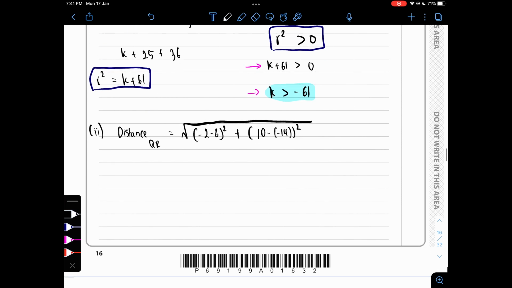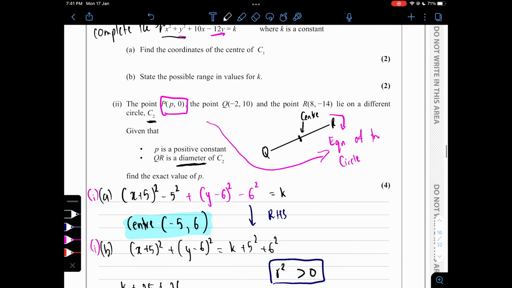This is 10 squared, that's 100, plus 24 squared, that is 576. So when you square root it, that's the square root of 676, and that actually is a whole number, 26. So the whole distance is 26, so the radius must be 13.